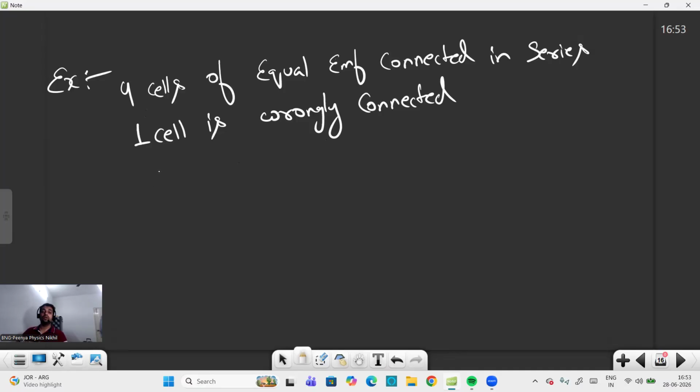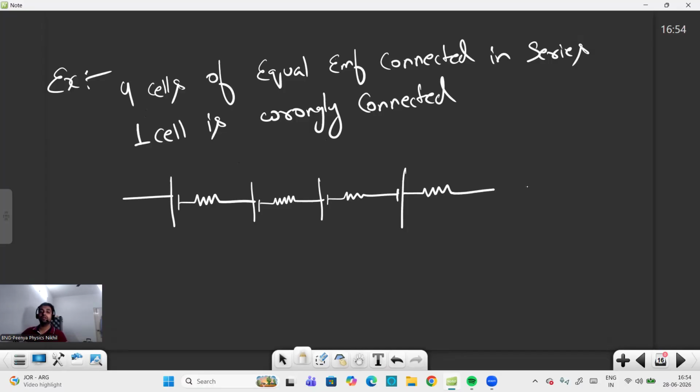Three. So four cells are there. Their internal resistance will also be the same because of equal EMF here. And one is wrongly connected, meaning its polarity is different. Now internal resistance is R, correct? And EMF is E, correct?